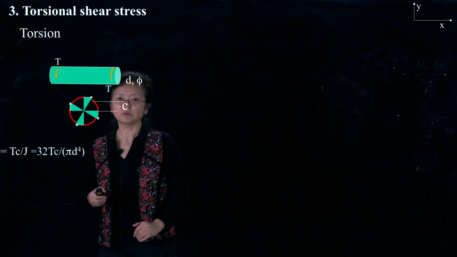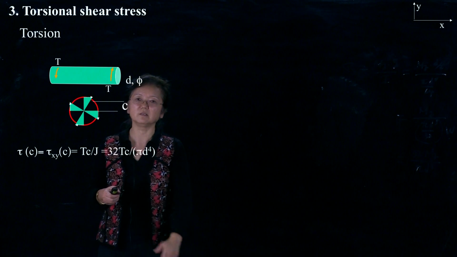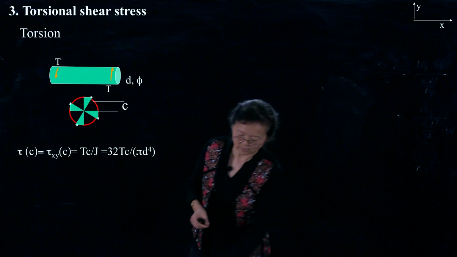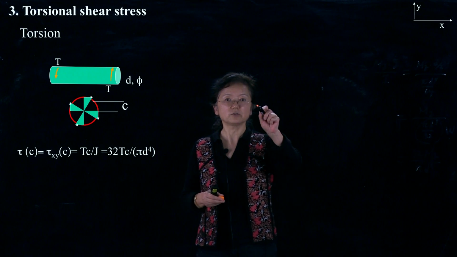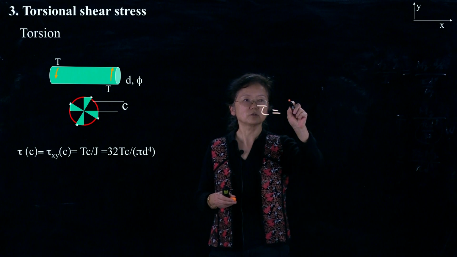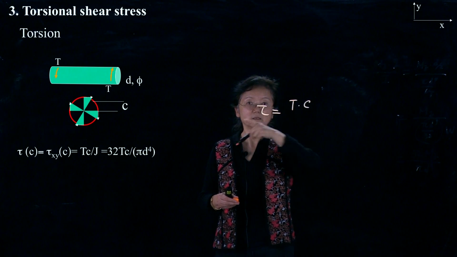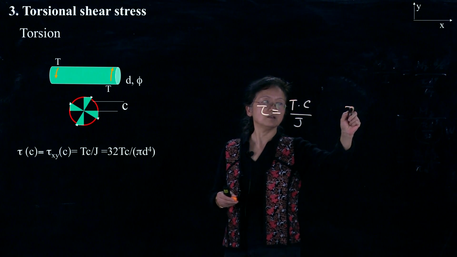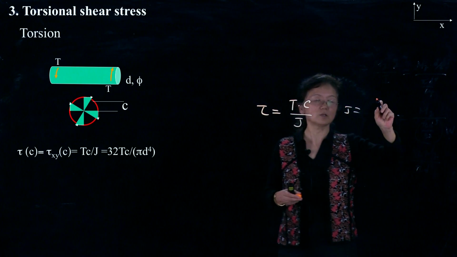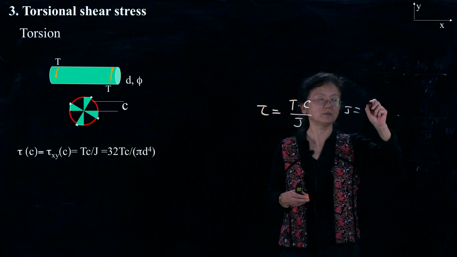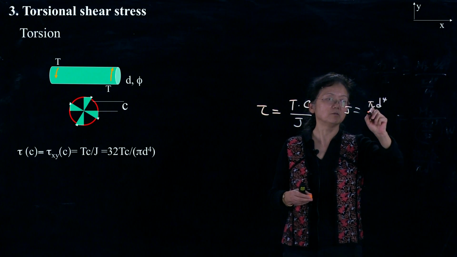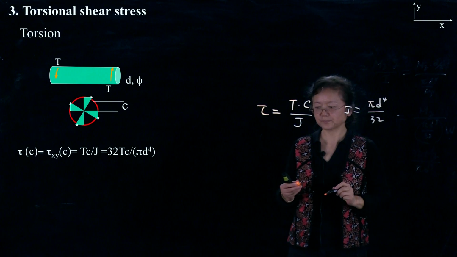And then the torsional shear stress gives us such an expression, which basically is the shear stress, okay, equals torque by this distance C, and then divide by J. J is this polar second moment of area, which is pi d power 4 over 32.